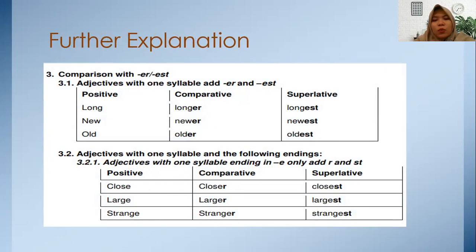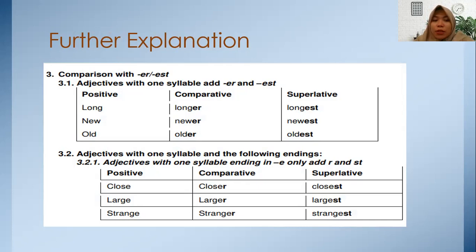The second rule is adjectives with one syllable with certain endings like "e," where we only need to add "r" and "st." So we do not need to double the "e," but we directly add the "r" and "st." For example, the word close becomes closer in comparative and closest in superlative.